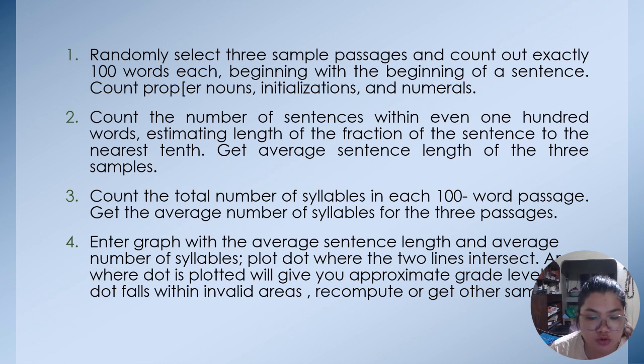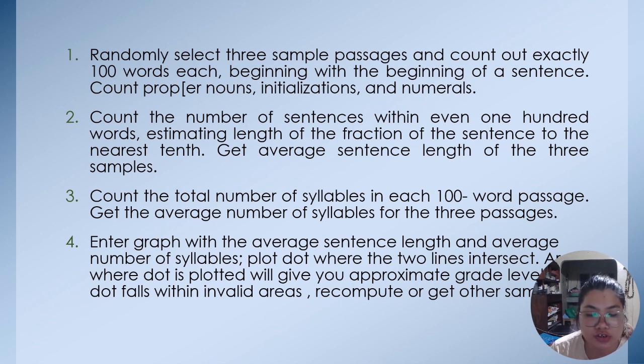Since we are going to use the 3 samples from the printed materials, it is essential that the passages we select are representative of the entire article or book. The usual procedure is to get a sample near the beginning, in the middle, and near the end of the article. We choose self-contained selections that do not refer to charts or illustrations.